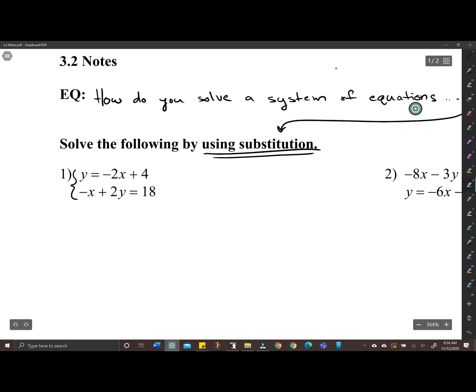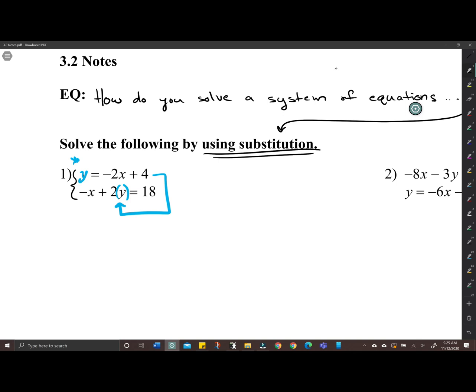What is useful about the substitution method is, let's notice how this y is solved for in terms of x. See how that y is already solved for? All you can do is pop it in for y in the second equation. We can substitute it in there.